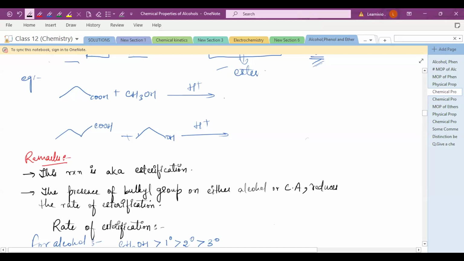In place of COOH, it becomes CO double bond O and CH3. Okay, good.